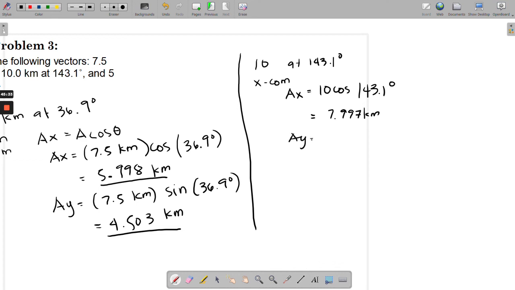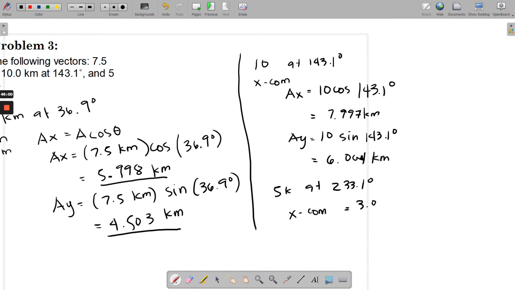For the y component, 10 kilometers times sine 143.1 degrees is equal to 6.004 kilometers. And for the third one, the 5 kilometers at 233.1 degrees, using the same equation, we get that the x component is equal to negative 3.002 kilometers and the y component is equal to negative 3.998 kilometers.